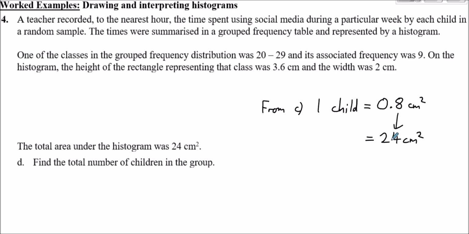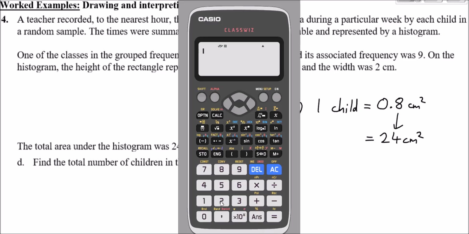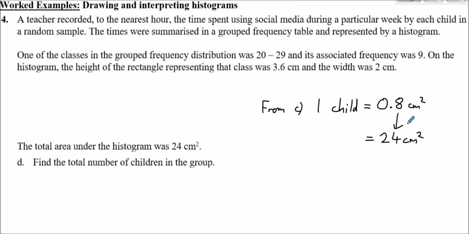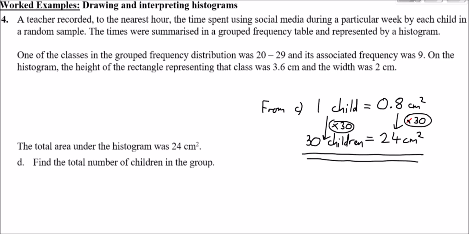Well, we can work this out by doing 24 divided by 0.8, and if we do that, we see that it's 30. So we need to multiply by 30, again just using basic proportional reasoning. If we times both sides by 30, one times 30, you can see it must be 30 children. In other words, the total number of children, which is what it's asking us for, must have been 30.